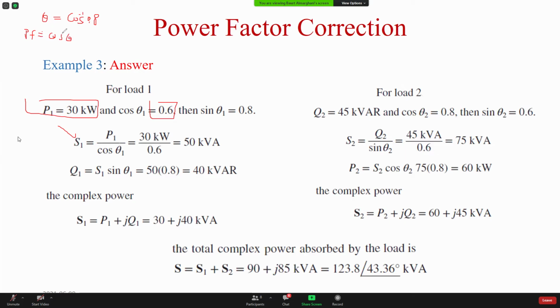You can find the angle. Once you find the angle, which in this case is, I think, 36.9, you can find S, which is P over power factor. You can find the Q by another way, which is S sine the angle.